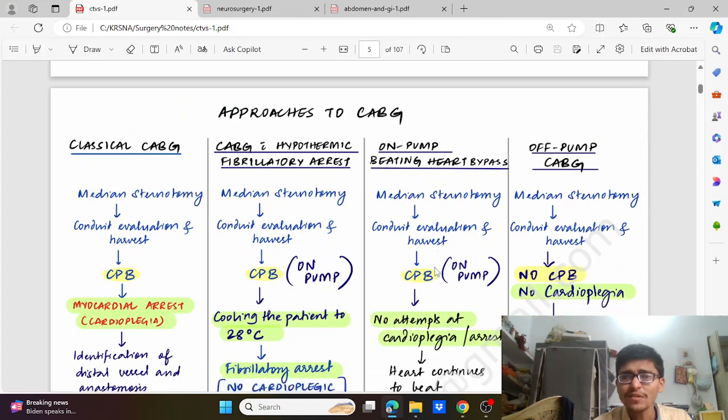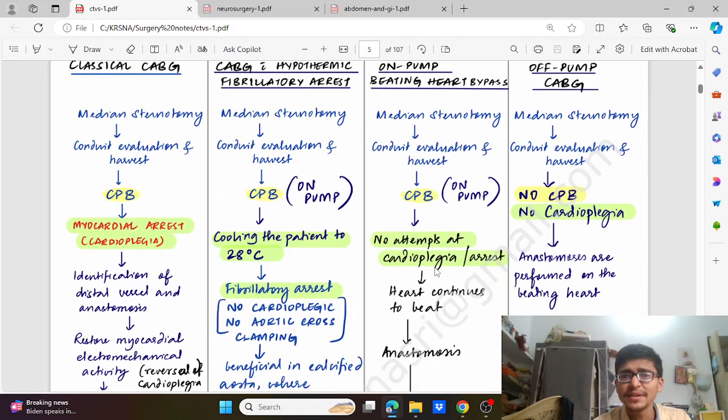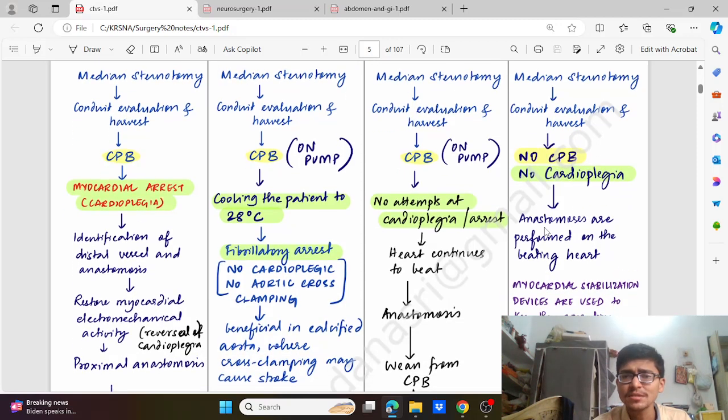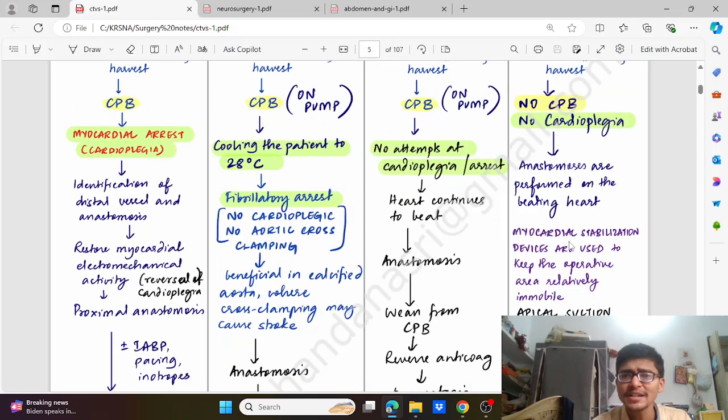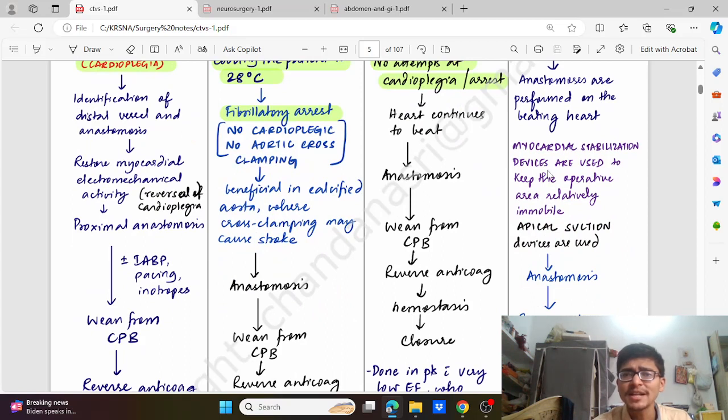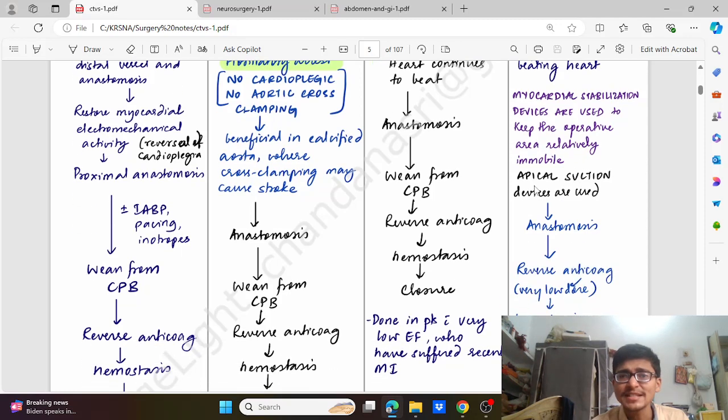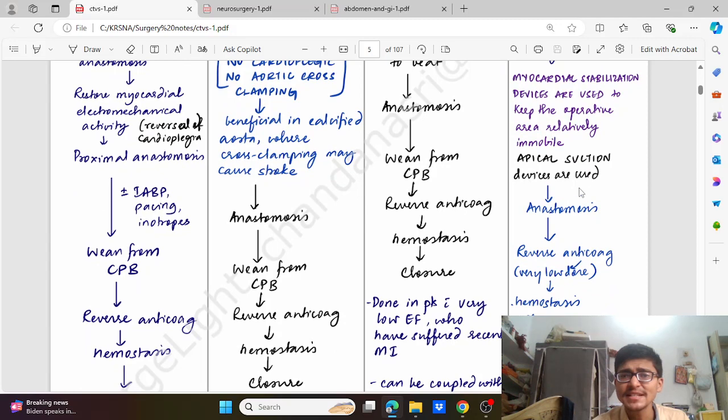So the last is off pump CABG, where we start with sternotomy, harvest the graft. There is no cardiopulmonary bypass, no cardioplegia, and anastomosis is performed on the beating heart. We use a myocardial stabilization device from Medtronic to keep the operative area relatively immobile and stable, like the apical suction devices.